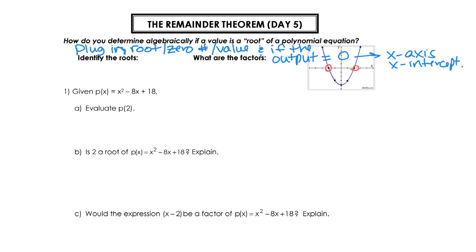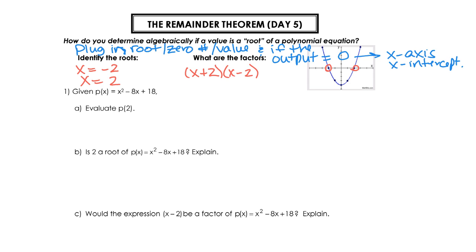And so our roots look like x equals -2 and x equals +2. And then they want to know what the factors are. So the factors would be x plus 2 and x minus 2. And so those would be my factors.